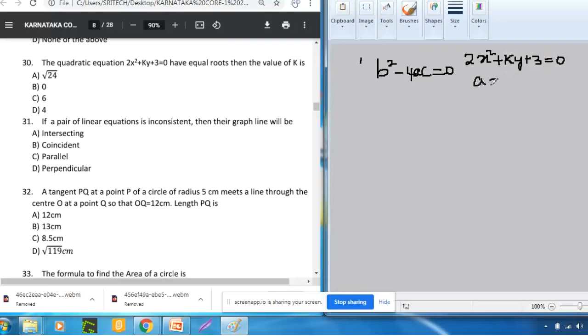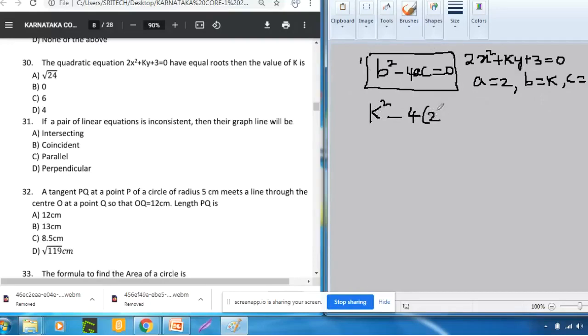So here a is equal to 2, b is equal to k and c is equal to 3. We are going to replace the a, b, c values in the discriminant formula. So b square, b is k and b square will be k square. I am going to replace a as 2 and c as 3, which is equal to 0.